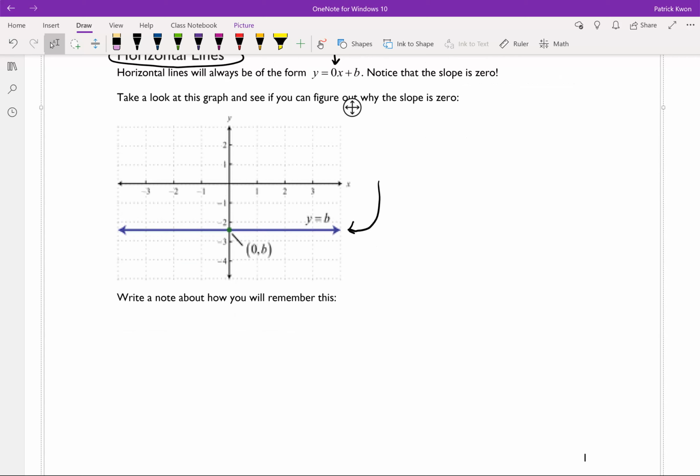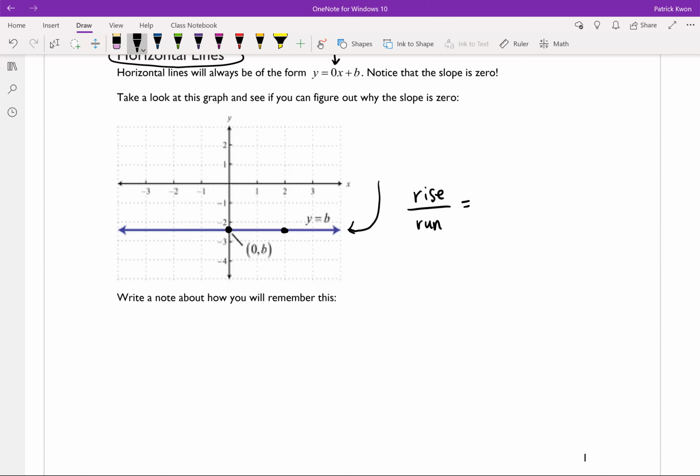So maybe write yourself a note about how you will remember that. One way that I like to think about it is if you take two ordered pairs on this line, so let's say I took an ordered pair here and an ordered pair here, if I wanted to think about the rise over the run, because it's a horizontal line, I'm not moving up or down any units.